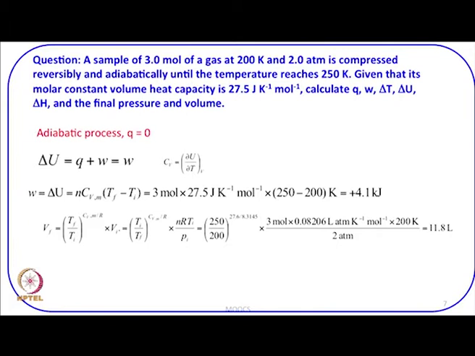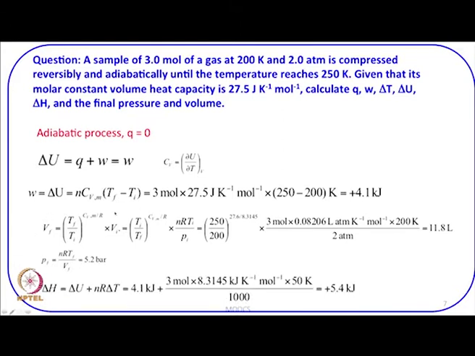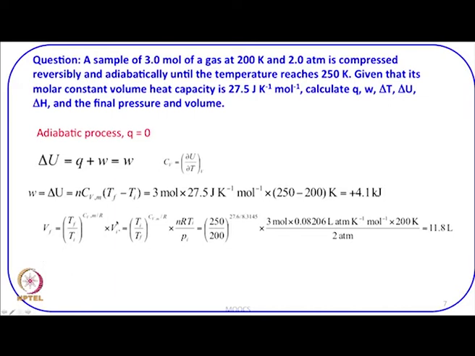Next, we need the final volume, and final volume can be calculated from this expression, because you remember we just showed that Vi Ti raised to the power C is equal to Vf Tf raised to the power C, and if we rearrange that, we will have this expression: Vf is equal to Tf by Ti raised to the power Cvm by R into Vi.